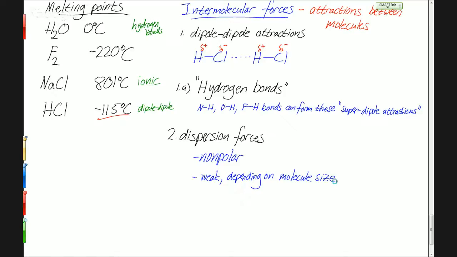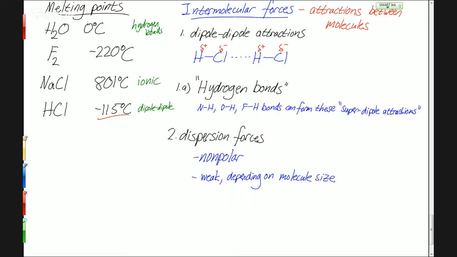As a molecule gets bigger, the dispersion forces can actually get substantial. A good example of this is hydrocarbons, molecules made from carbon and hydrogen. We said there was no polarity between carbon and hydrogen, so these are nonpolar molecules. But if they get big enough, they can still be solids.